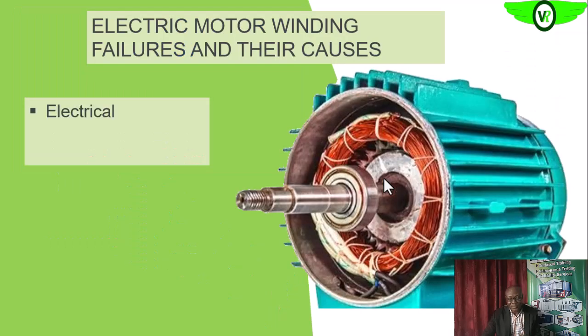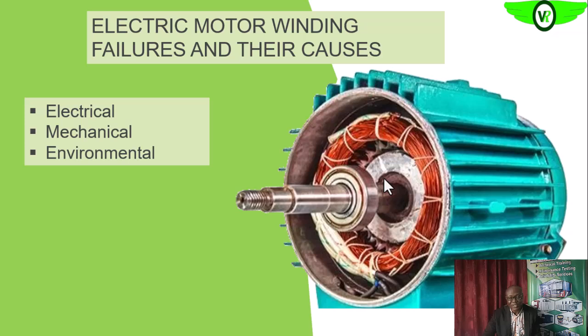Okay. Remember, we said the quality of the power can affect the operations of the electric motor. So we are going to look at that. Then mechanical problems too can also result in the failure of the windings, or any of the internal components, though we are looking at the windings now.